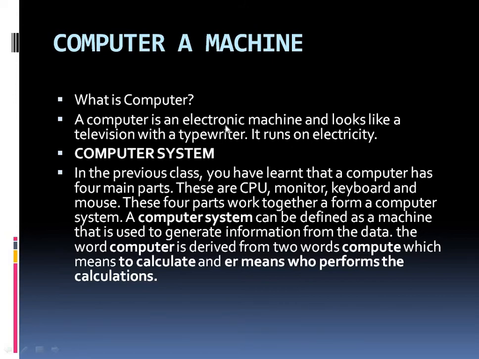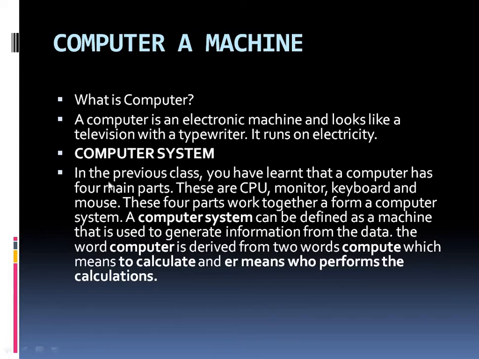So computer is an electronic machine and it looks like a television, and one typewriter is attached with computer for typing purpose and giving commands to the computer. And for running the computer, electricity is essential. Okay, electricity or battery. To charge the battery you need electricity.